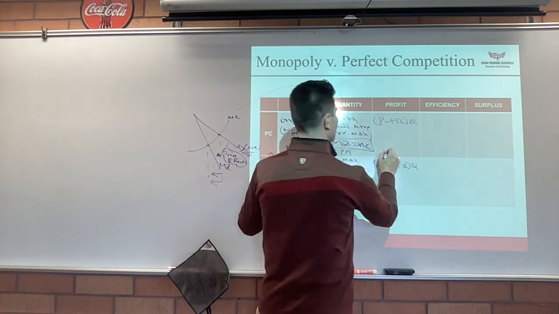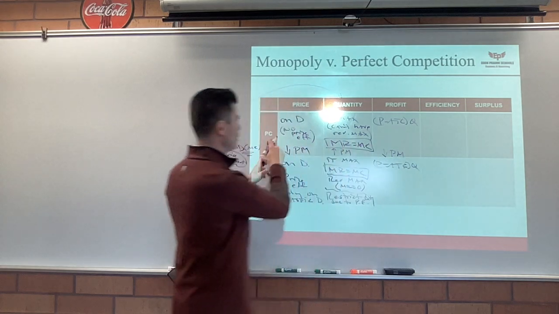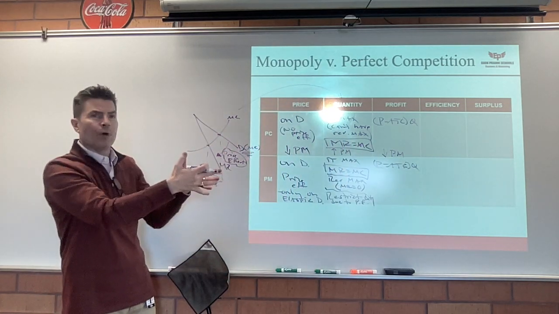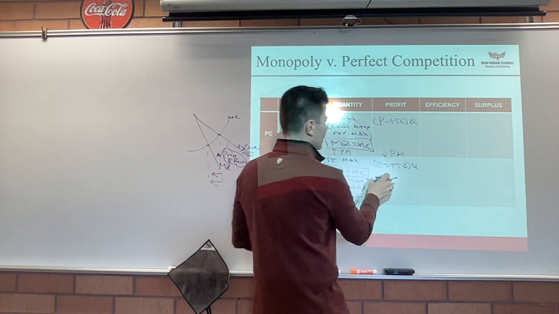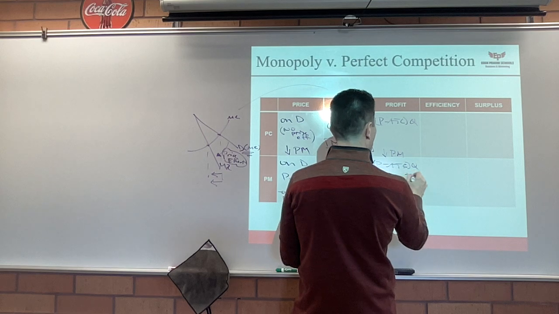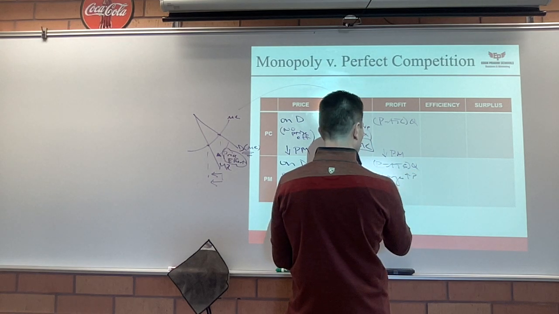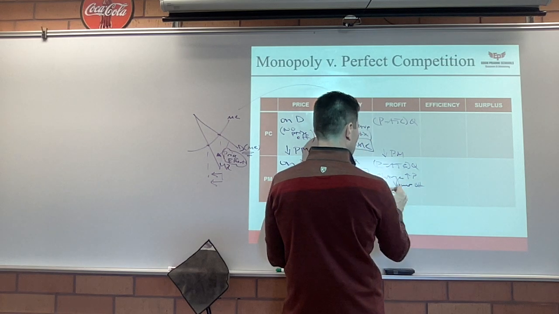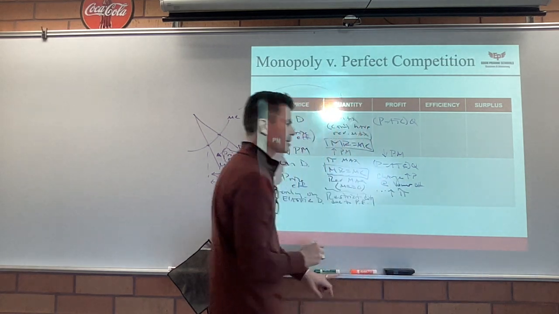But we're going to have a much lower profit for perfect competition than a pure monopoly. They're both found the same way. But because we're able to charge higher prices at lower output, at lower quantity, that leads to higher profits.